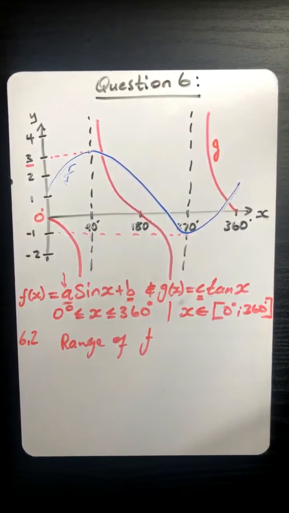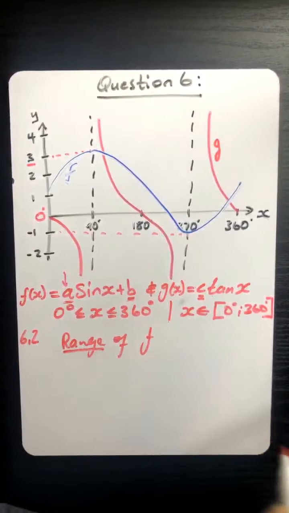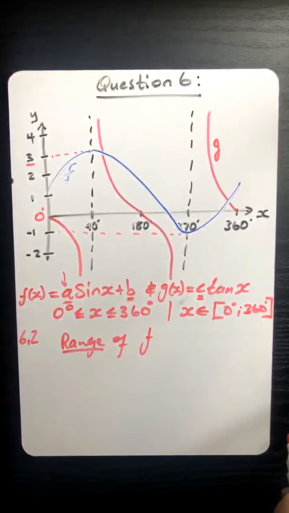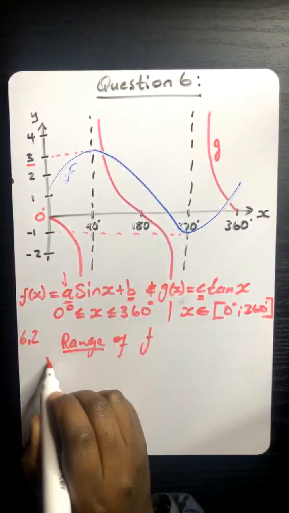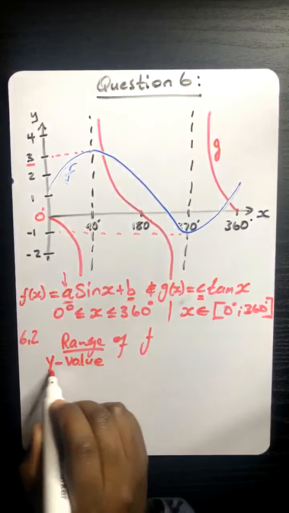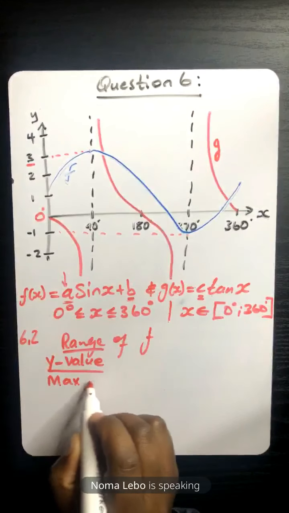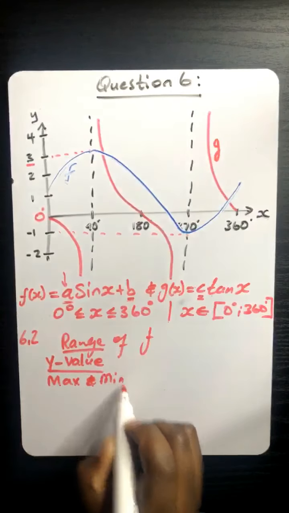Okay, it's fine. Remember, guys, when we talk about the range, it refers to the y value. The y value means they want you to give the max and the min.